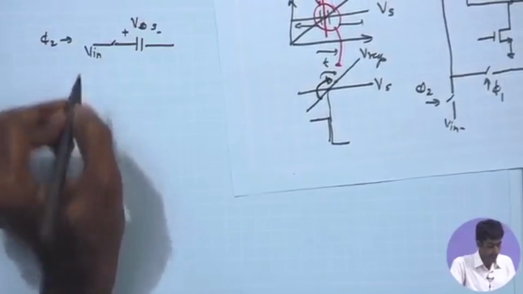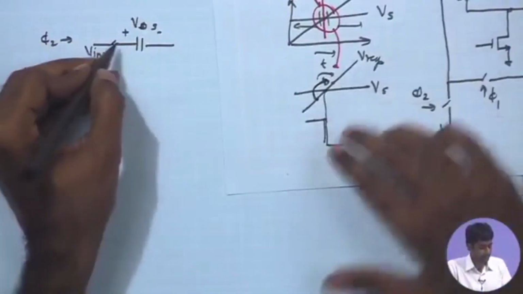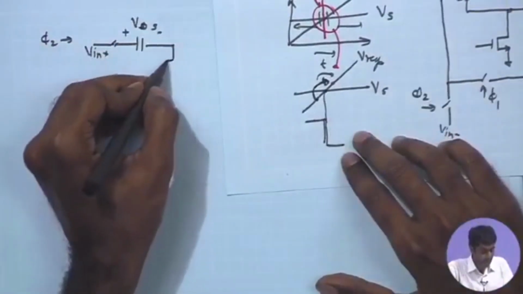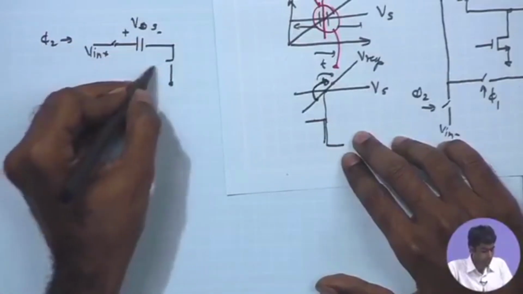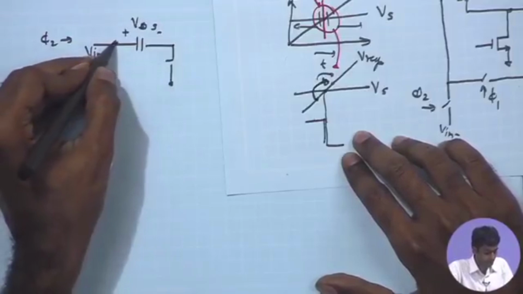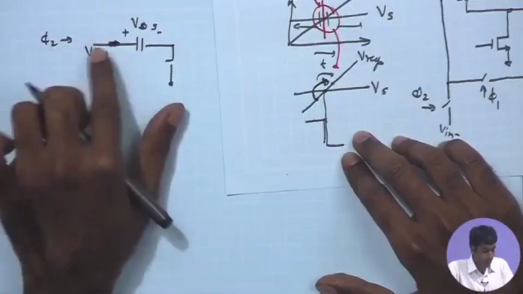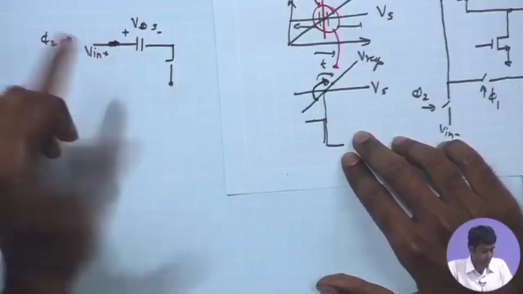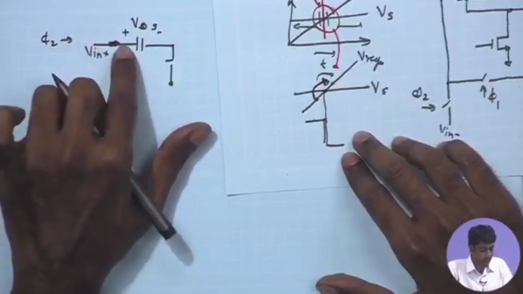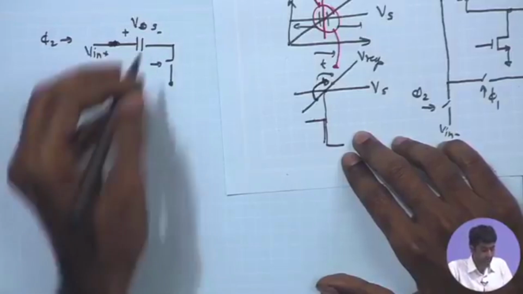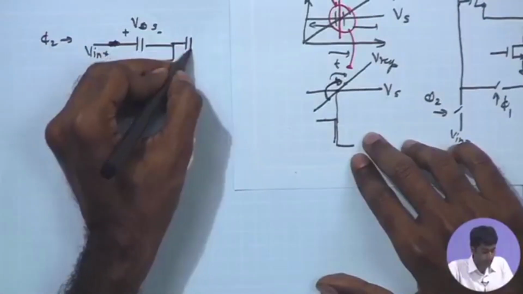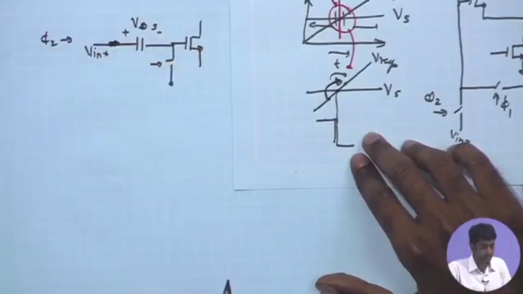So, V in plus is connected to the capacitor, and at the other side you have this switch driven by the phi 1 phase which is closed. So, here this can be shorted, this is the phase where this input is connected to the positive plate of the capacitor. However, the phi 1 switch is off, and then you also have the gate of the MOSFET where it is connected.